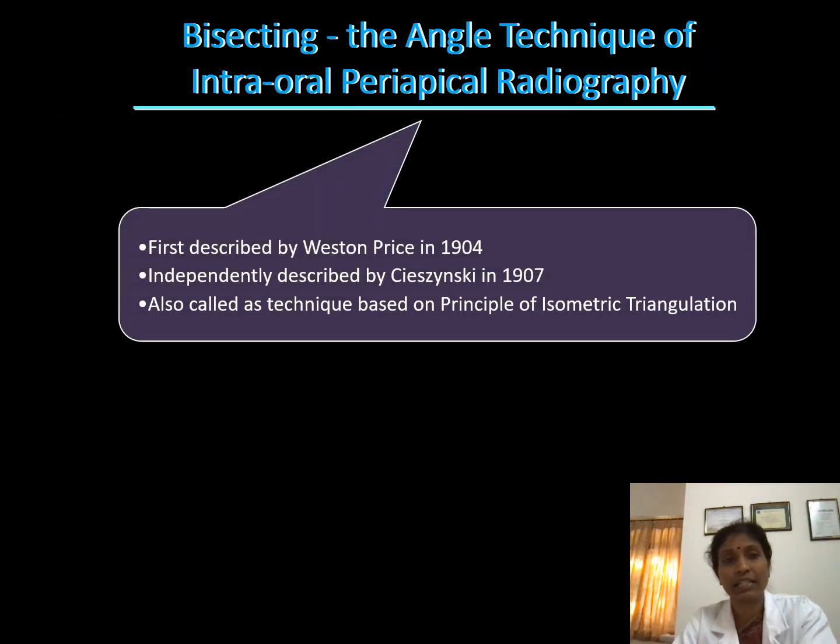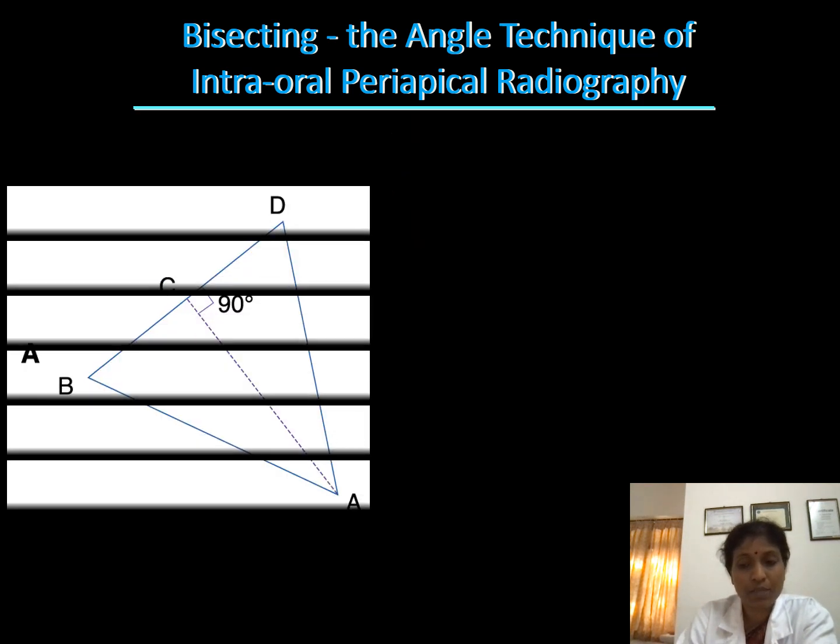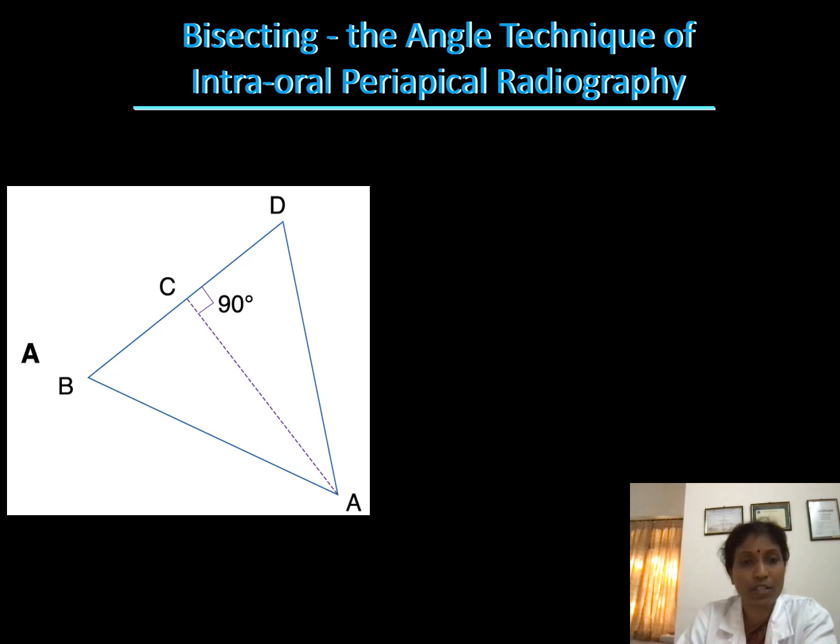Now coming to the bisecting angle technique, which is also called the short cone technique, first described by Western Price in 1904. This technique is based on Cieszynski's rule of isometry, which states that two triangles are equal when they share one complete side and have two equal angles.